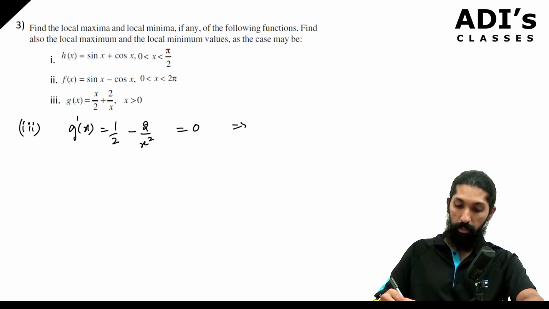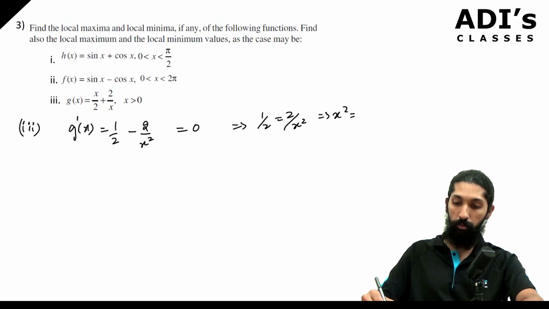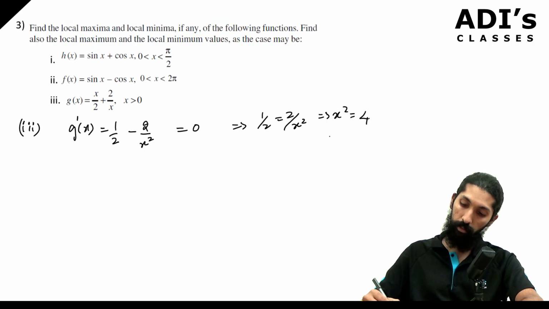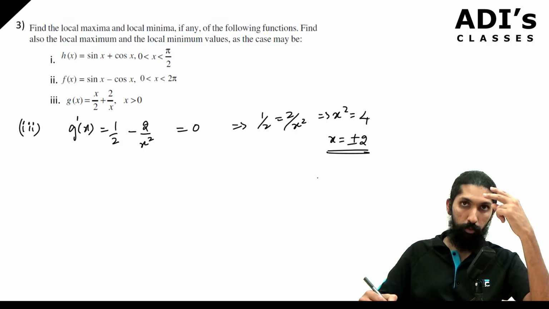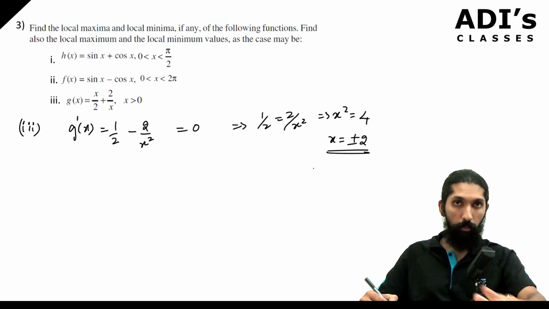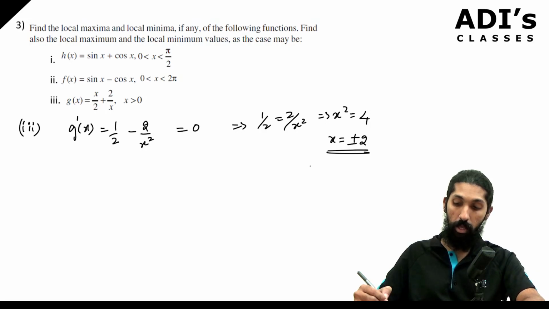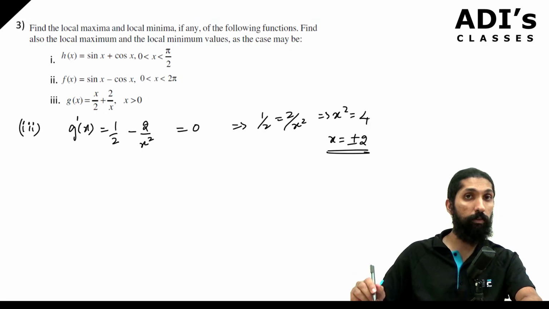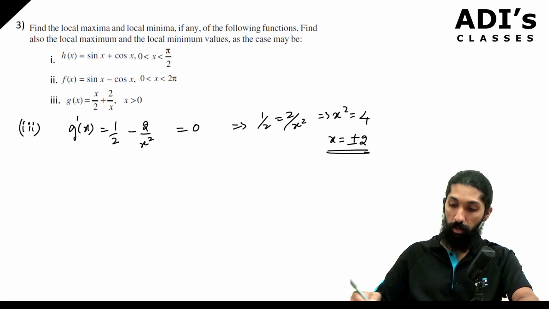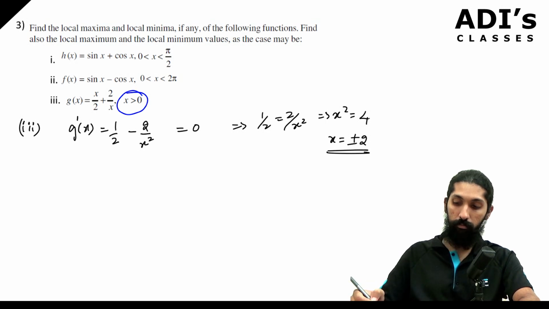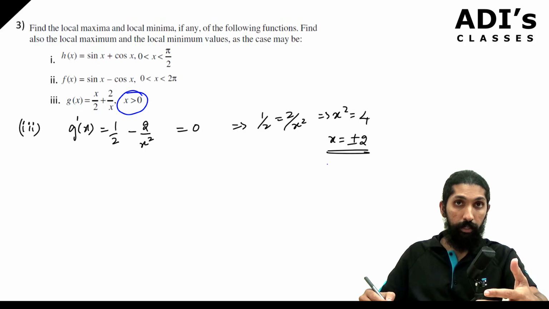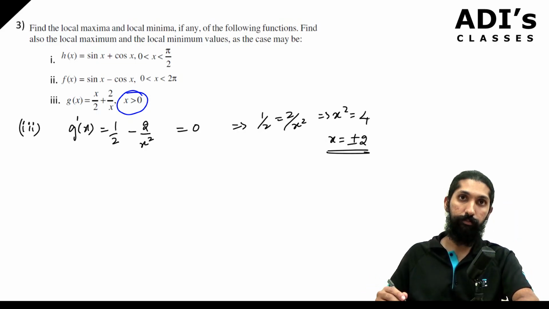So you will get half is equal to 2 by x square, or x square is equal to 4 after you cross multiply. So you get x as plus or minus 2. You have 2 points of inflection, just like whatever we did in the previous case. But the condition says otherwise. The condition is x is greater than 0. So discard negative 2, keep only positive 2.